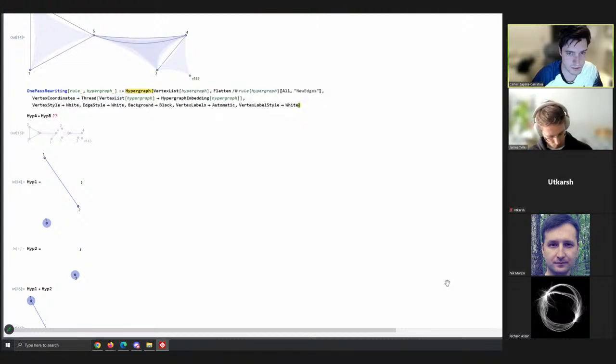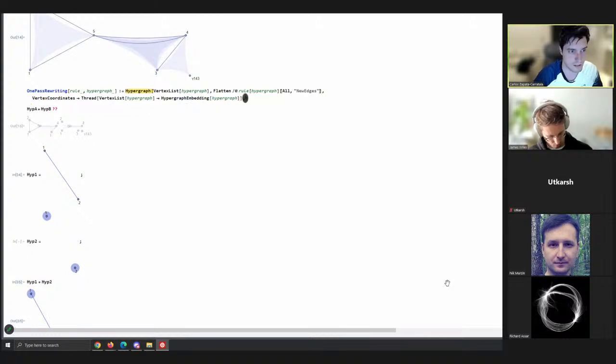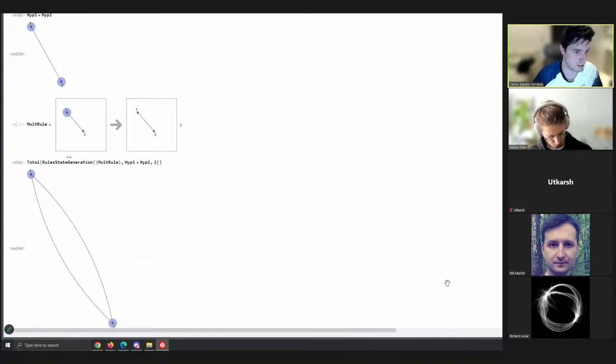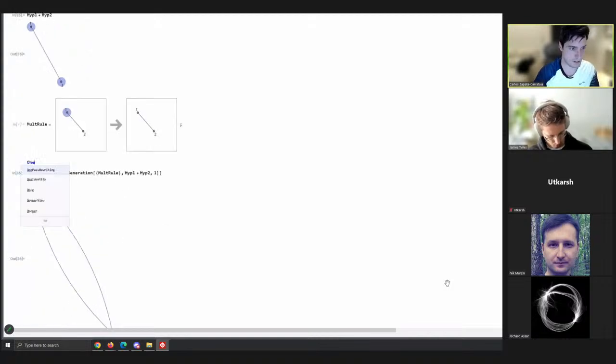Vertex coordinates, yeah. Don't need any of that. One pass. So I think this should do the one pass with the same.